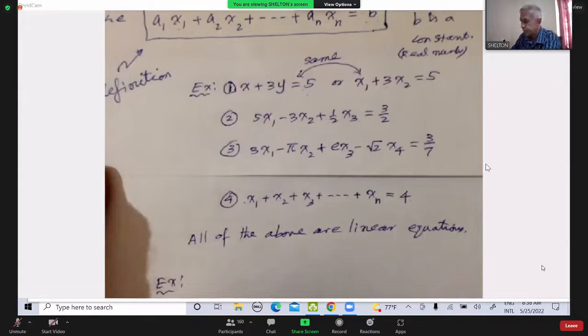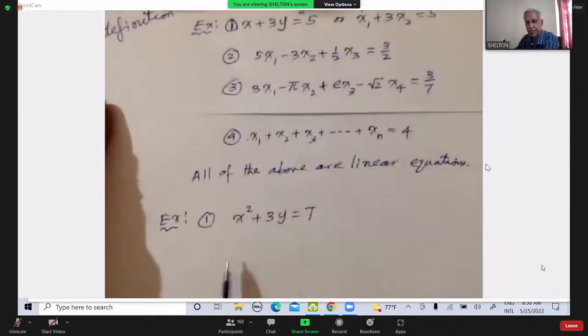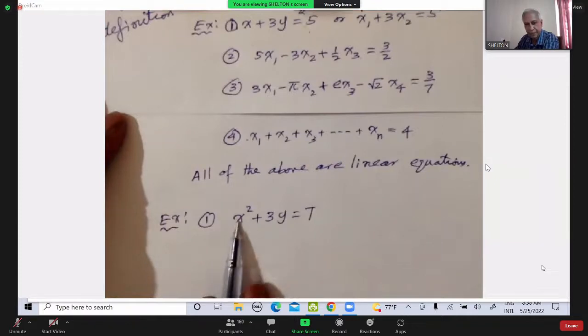Let me write, say, first example, x squared plus 3y equals 7. Is that a linear equation? Is this allowed? This is okay: a constant times the variable. Here it is variable squared.